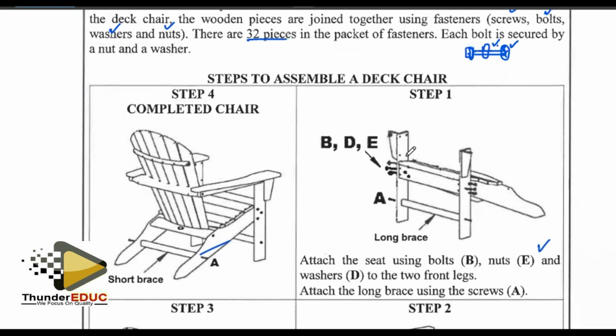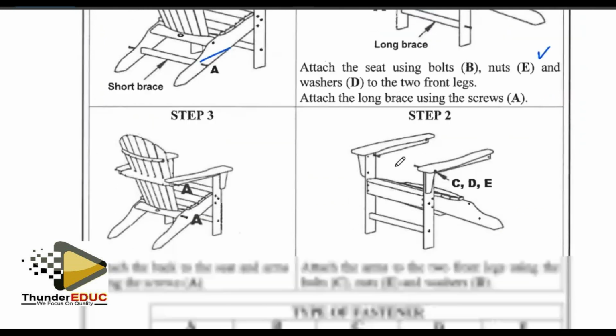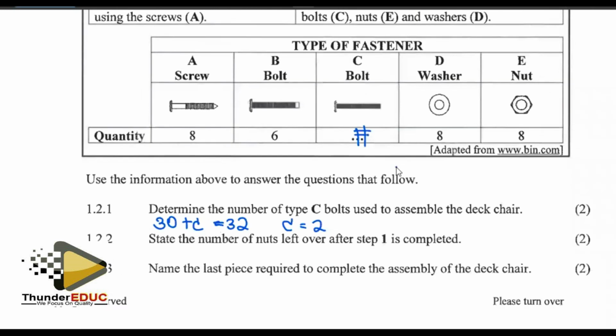They never told us how many nuts are used here, but anyway, we shall take it to be, here you take 1 E, and also on this other side you take E. So of the 8 nuts, you've taken off 2. How many do you remain with? 6. 6 what? Nuts.